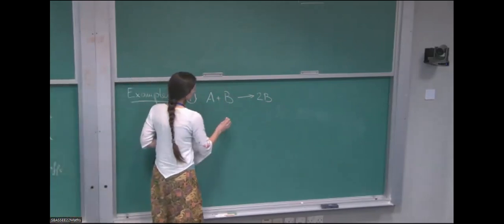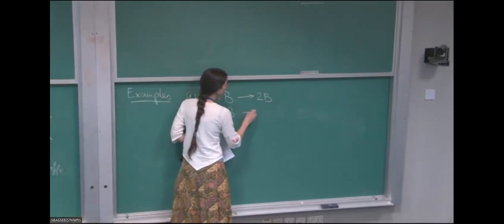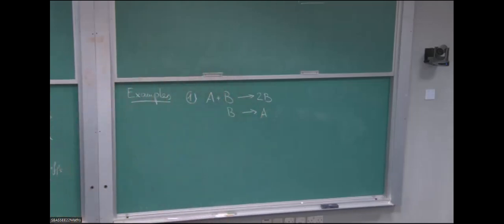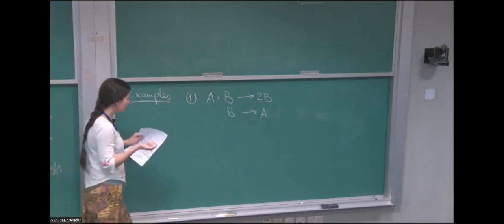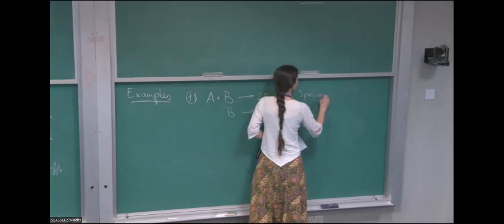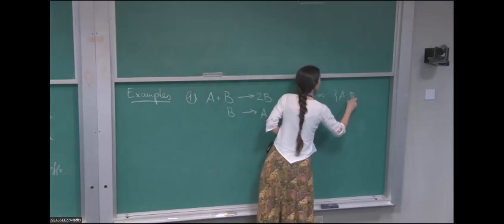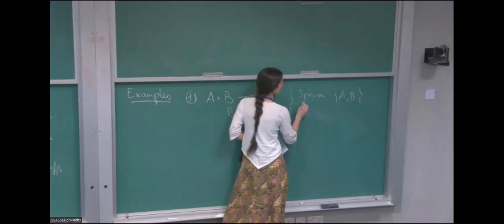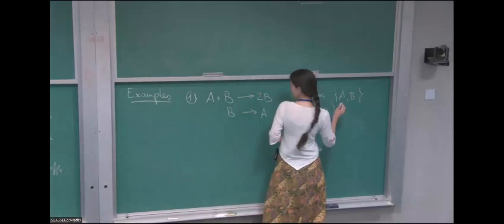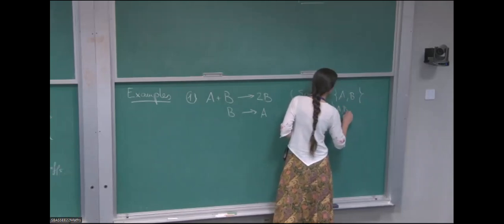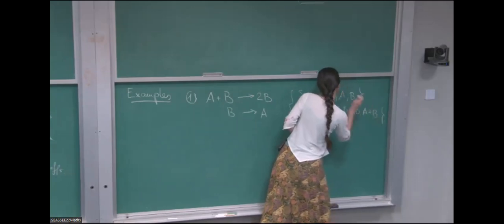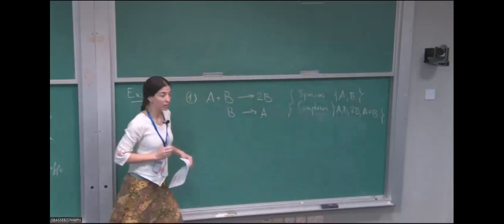And then also, B by itself is transformed into A. So this is a small example where the species are A and B. The complexes are A, B to B, and A plus B. And then we have 2 reactions.